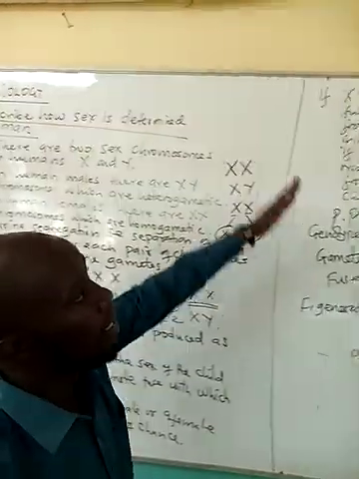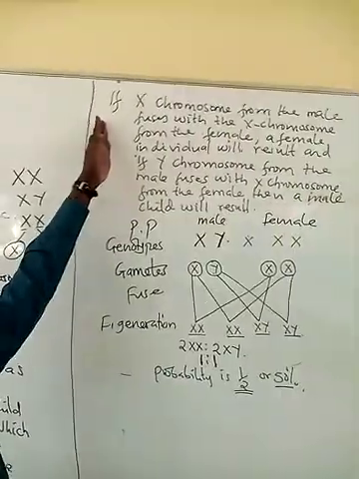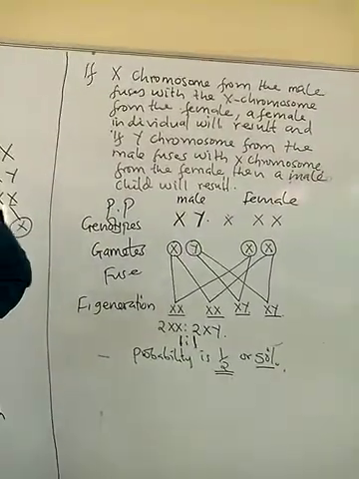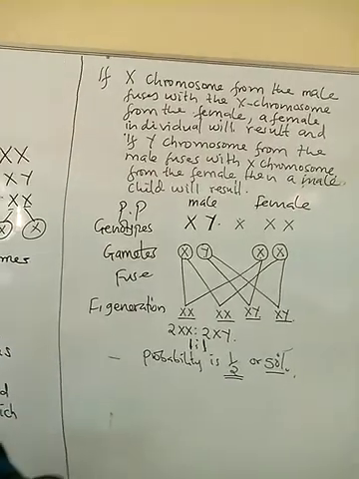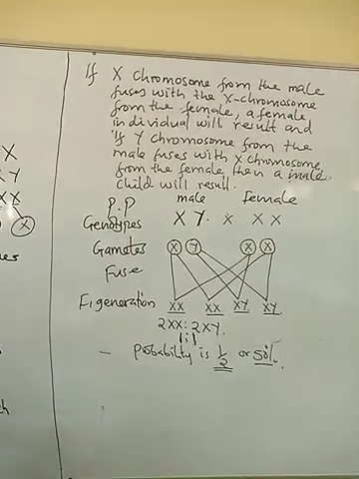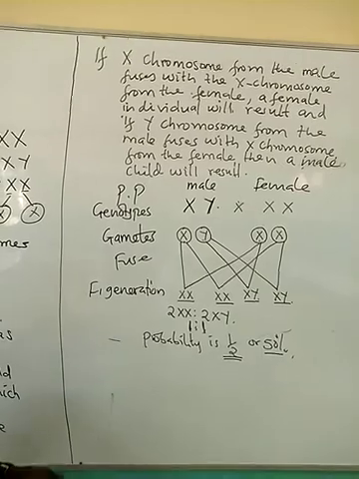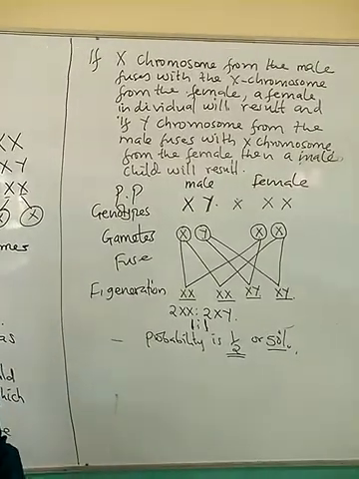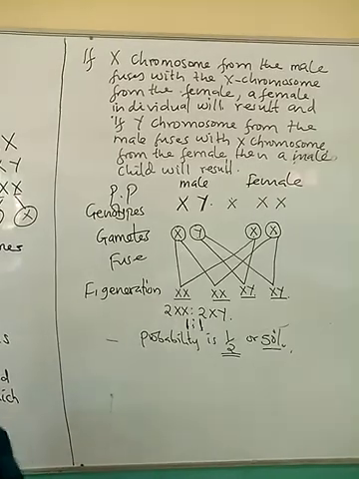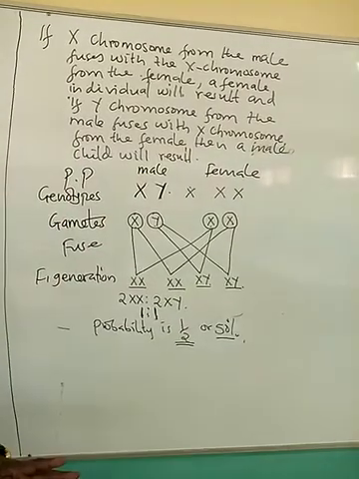We have seen that if the X chromosome from the male fuses with the X chromosome from the female, then a female child will result. And if the Y chromosome from the male fuses with the X chromosome from the female, then we are going to have a male child.